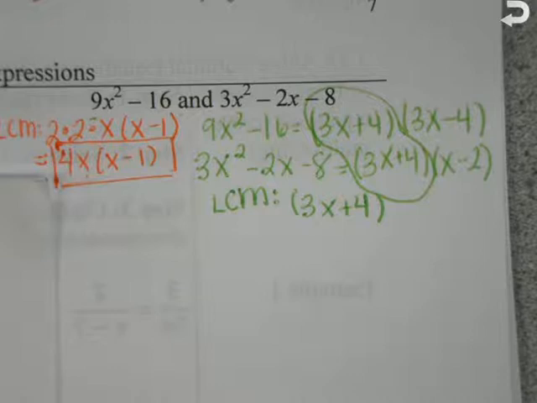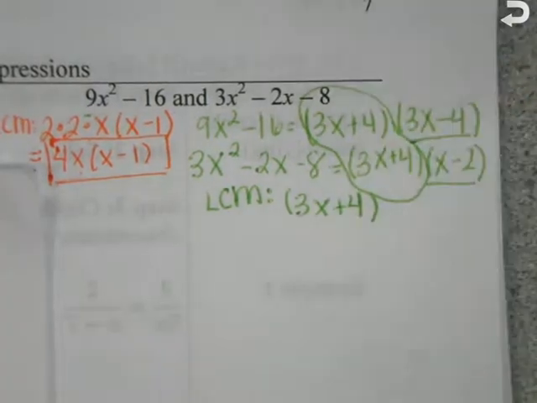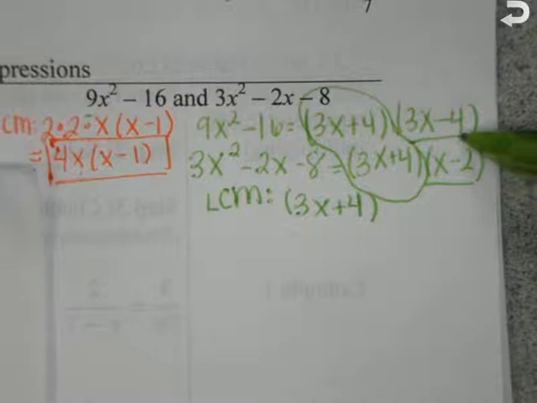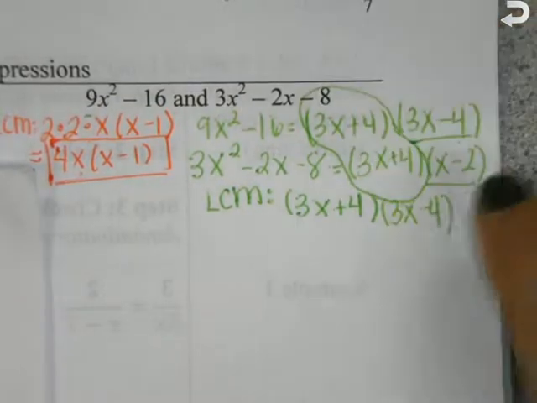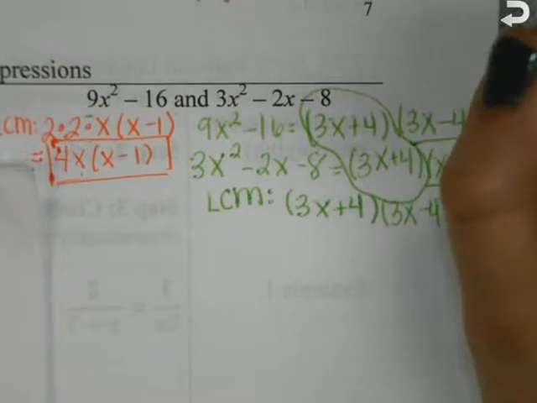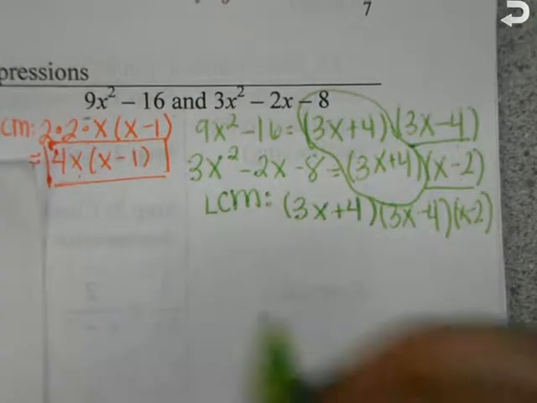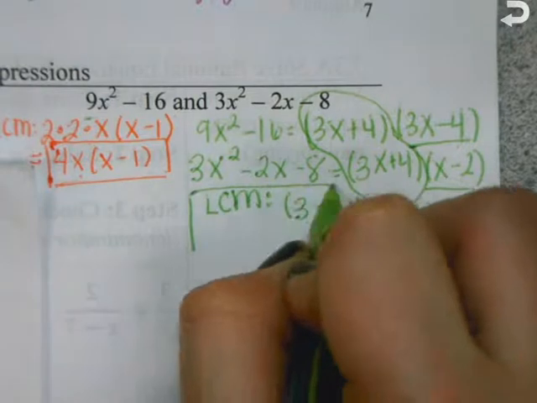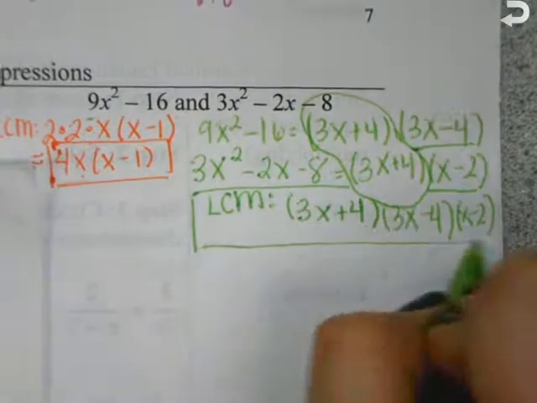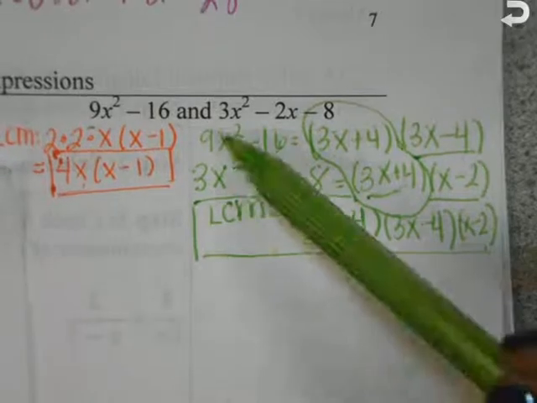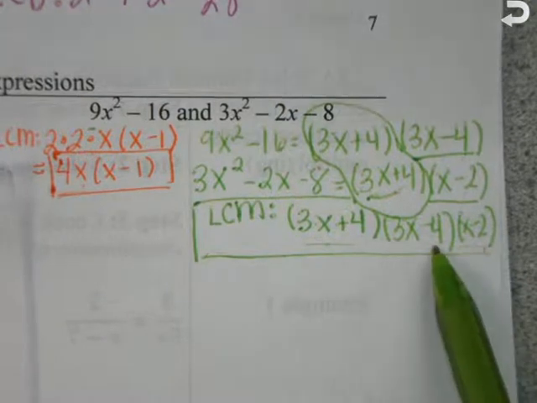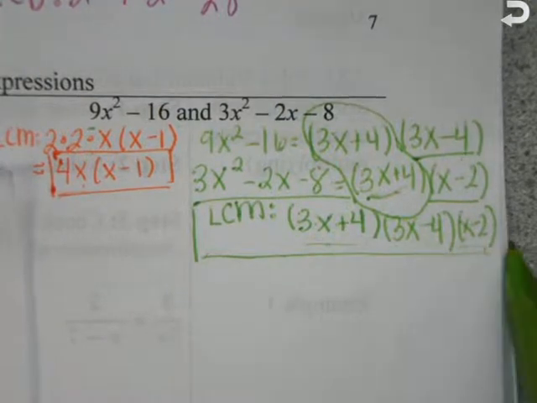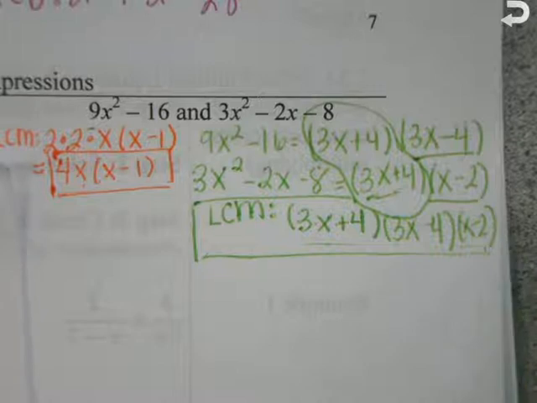Meaning, we have to include everything that's also not in common. So we also have to include 3x minus 4 and x minus 2. Our LCM for these two terms would be 3x plus 4 times 3x minus 4 times x minus 2. Okay? Is everybody okay with that?